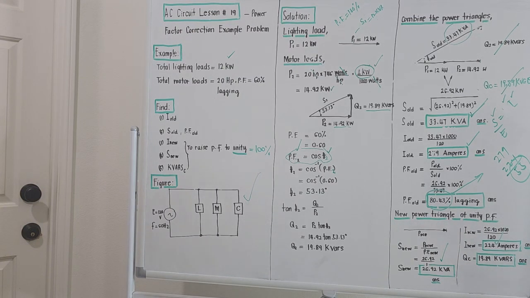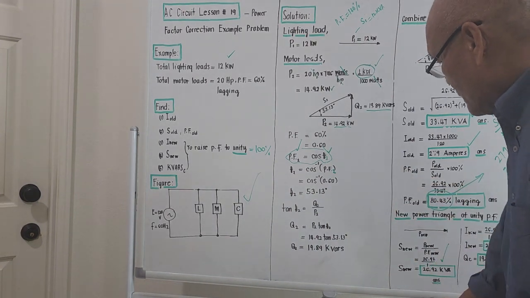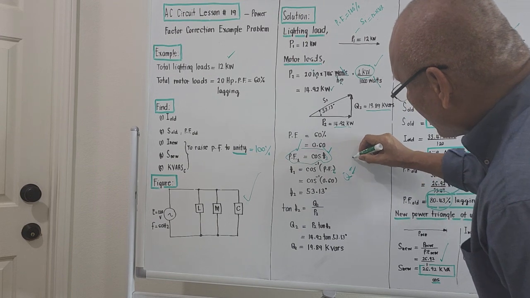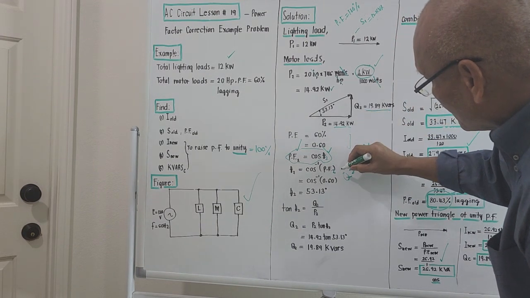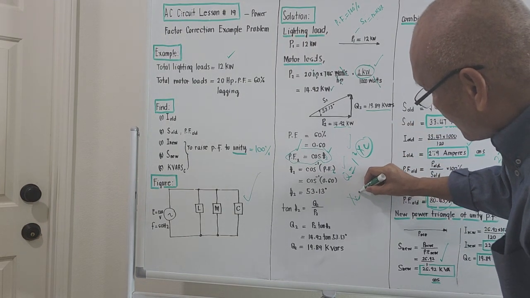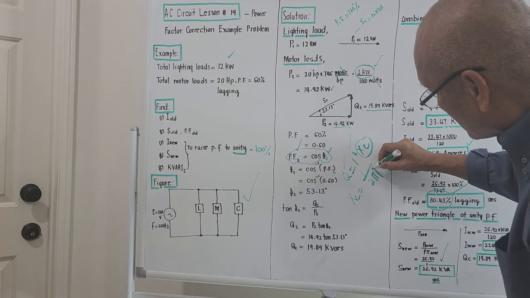If you know the kilovars, kilovars is actually I squared times X sub C. So if you know the current and the kilovars, you can compute for X sub C, which is 1 over 2 pi FC.